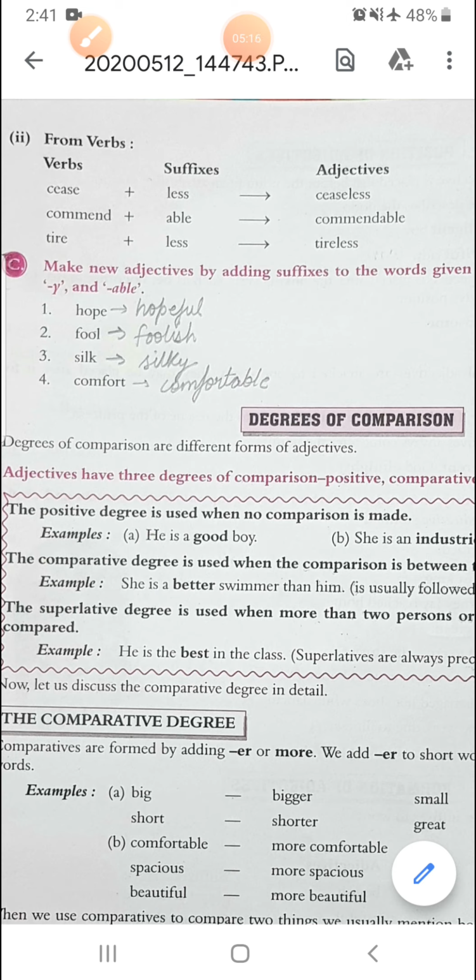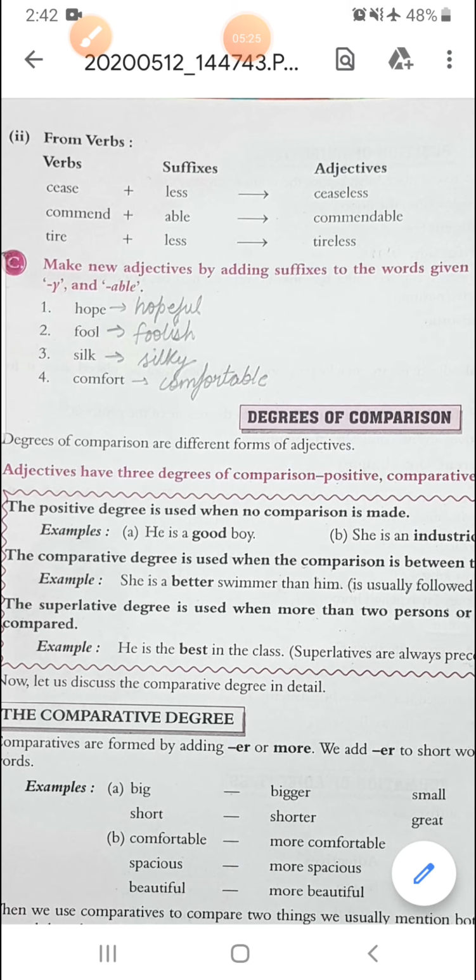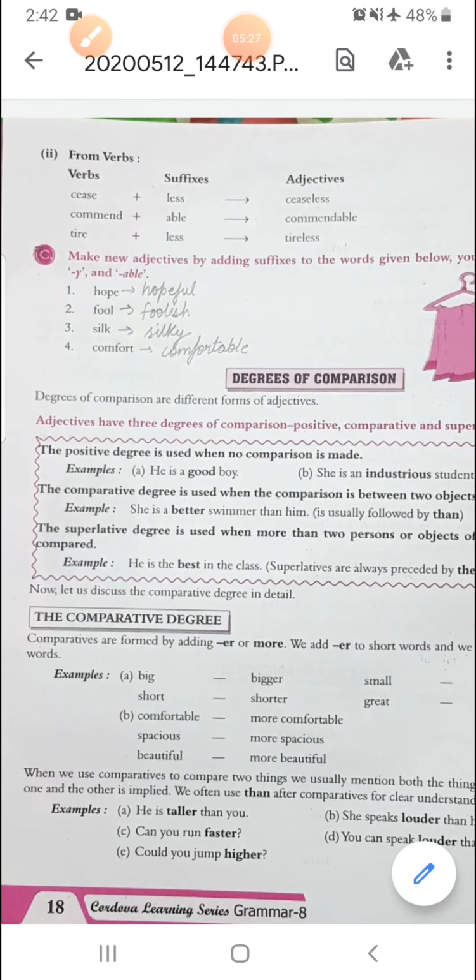In the first one I added suffix full, in the second ish, third y, fourth able. In this way we have formed adjectives. Till here everything is clear.